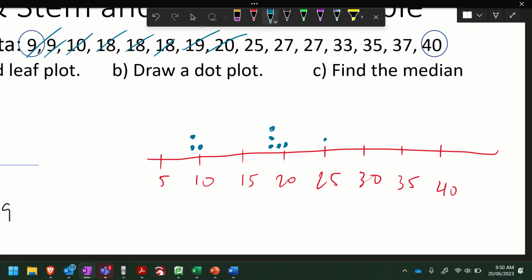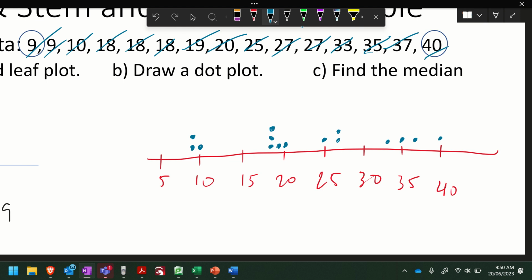So you put your dot right above 25. You've got 2 27s. So that'll be about here. 1, 2. Okay, and then you've got one number that's 33, which is just before 35, so over here. You've got 1 on 35. Okay, you got 1 on 37, which is probably about here. And then one number on the 40.